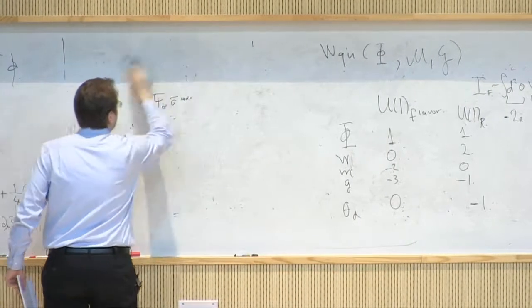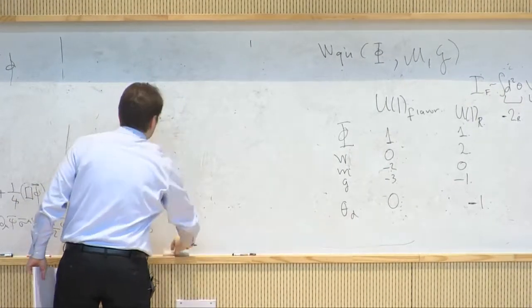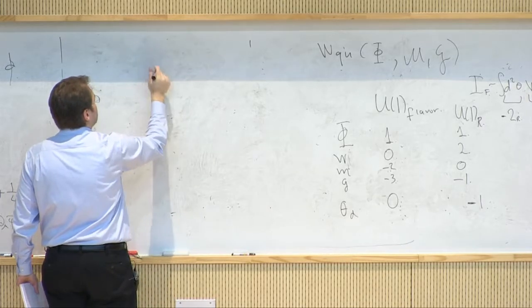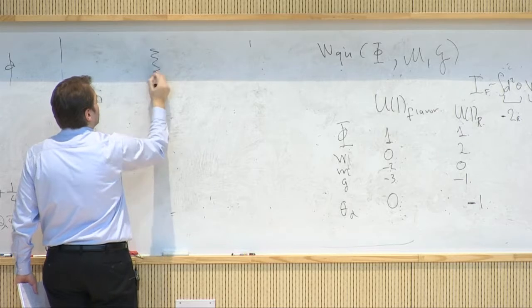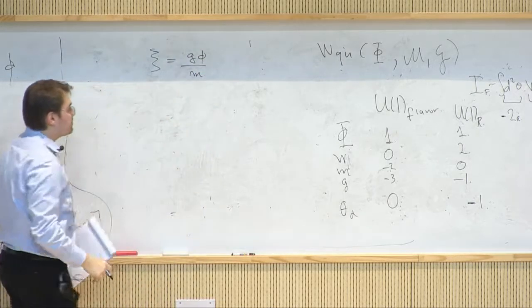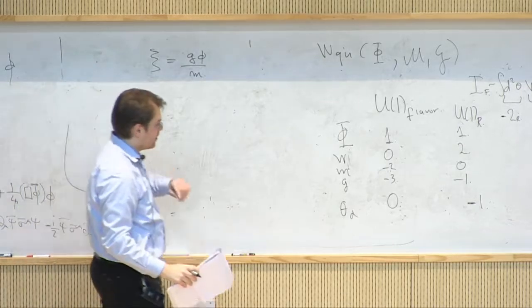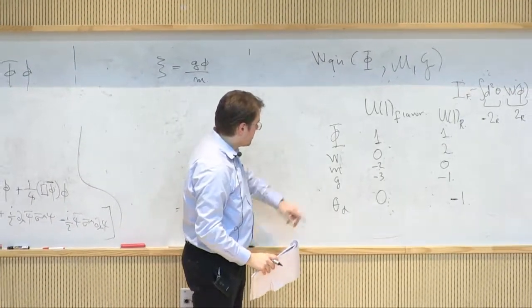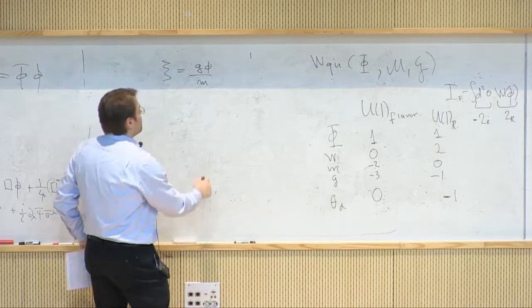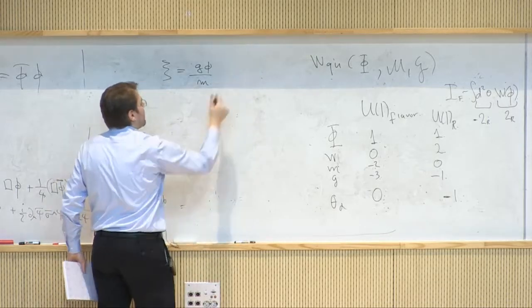Consider the following ratio. Consider the ratio psi, which is G phi divided by M. Let's see how this works. Let's for example compute the U1 flavor charge.